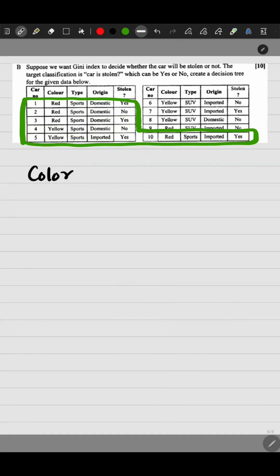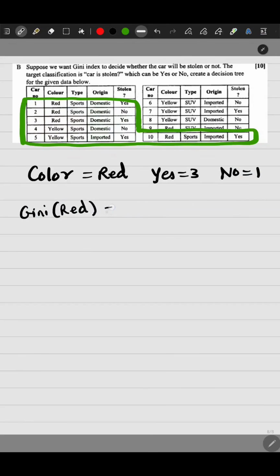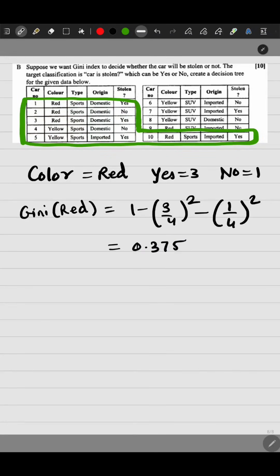For color equal to red, there are 4 cars, and out of those 4, 3 have yes and 1 has a no. This was also one of the calculated values before. So Gini of red is equal to 1 minus 3 by 4 square minus 1 by 4 square, which is 0.375.